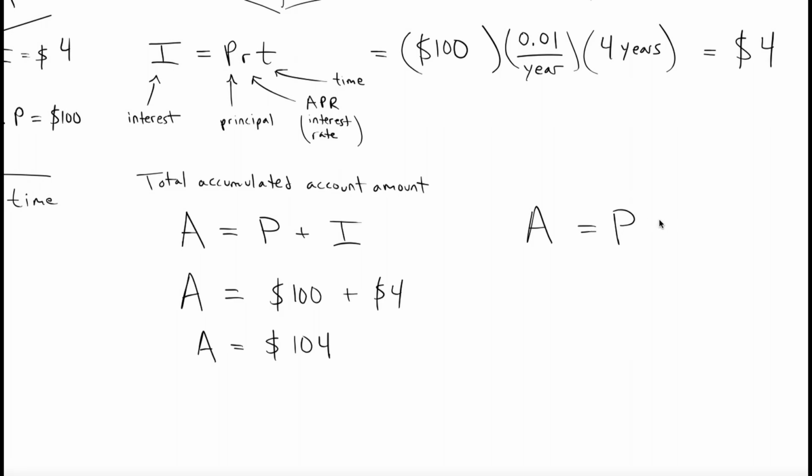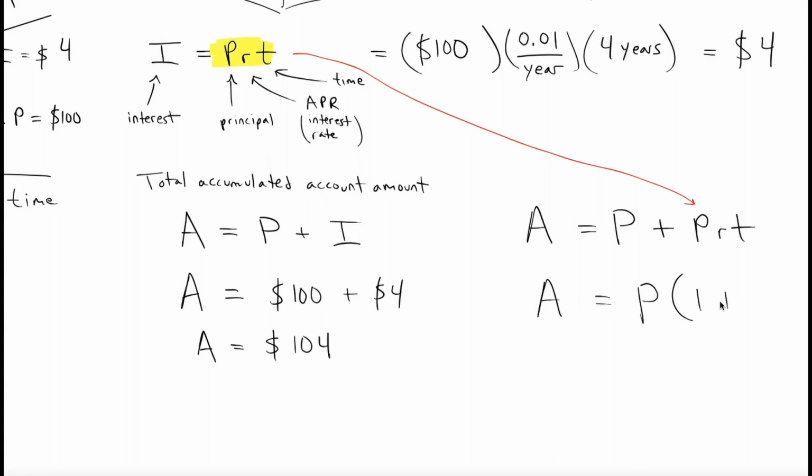We can find this other version of the formula by substituting the interest formula into I. See, normally I would go here, but I is also PRT. So you get that. We can factor out the common P in these terms, revealing a useful formula for a simple interest account, which is P times (1 plus RT).